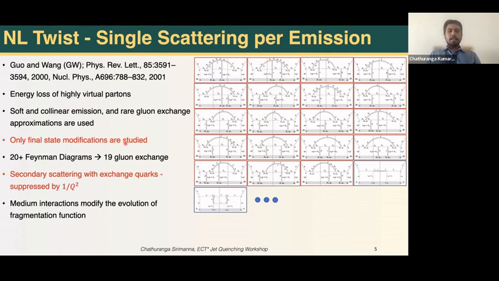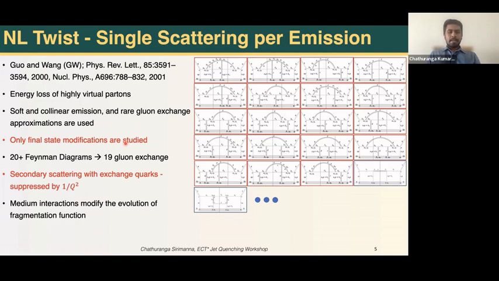And there are more than 20 Feynman diagrams contributing to next to leading twist, but 19 of them are gluon exchange diagrams. The diagrams with the quark exchange are suppressed by the virtuality, therefore they can be ignored in the limit of next to leading twist.